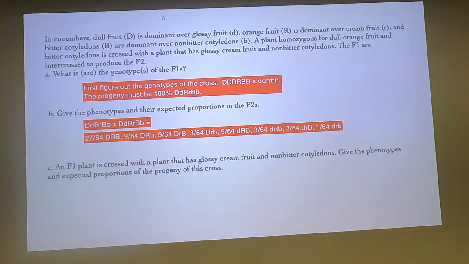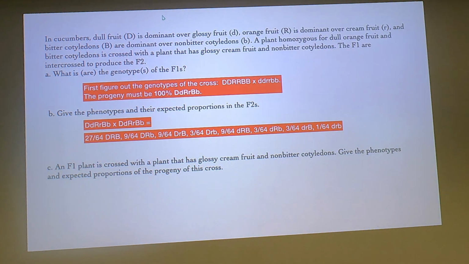Once again, you've got to break it down into the 3 different pieces of the puzzle. And what answer do you get? What do you get for just the D's? So crossing big D, little d by little d, little d. What phenotypes will we get? Say what? You got all big D?